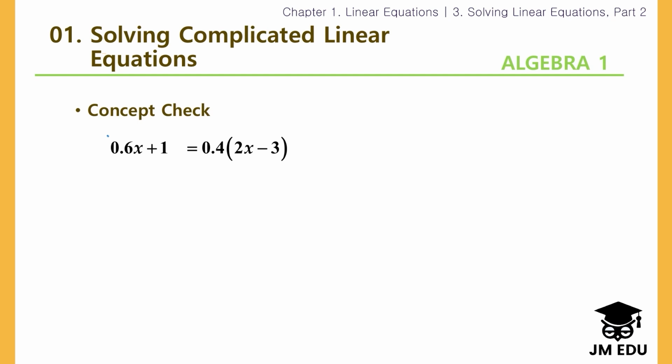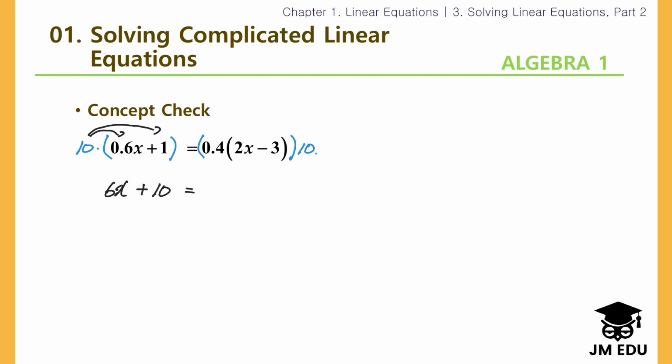So we're just going to multiply by 10. 10 times 0.6x, that's going to be 6x. 6x plus 10 times 1, that's 10, right?